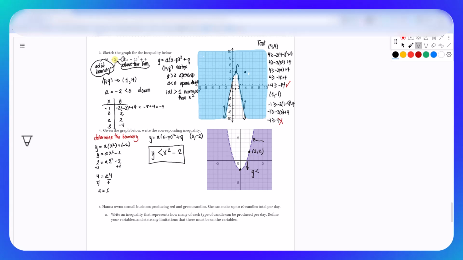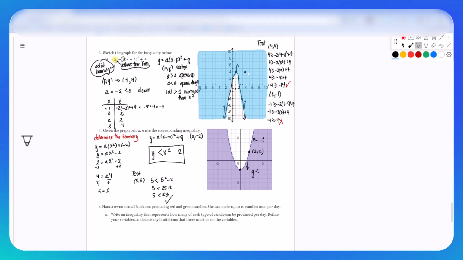So let's go ahead and do a little bit of a test. We're going to test one of them inside the boundary region. Let's pick 5 and 5. Well, when y is less than 5 squared minus 2, 5 is less than 25 minus 2, or 5 is less than 23.